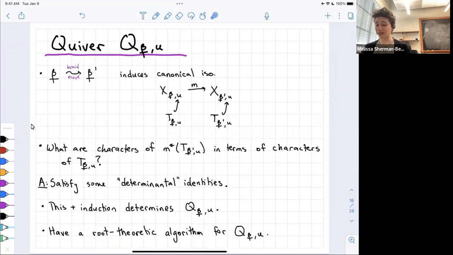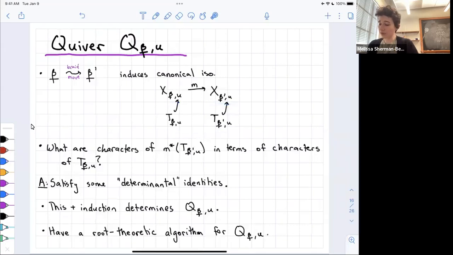Yeah, so in general, basically the way you figure out the quiver is, you have these braid moves on your word beta underline, and it induces an isomorphism between braid varieties. And each one of these, x beta underline u and x beta prime underline u, they both have a Deodhar torus sitting inside of them.